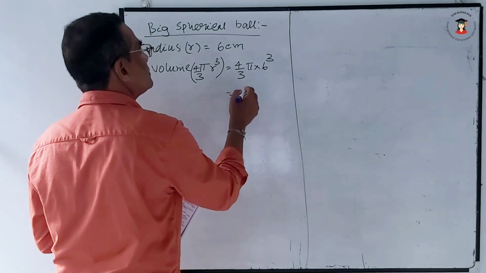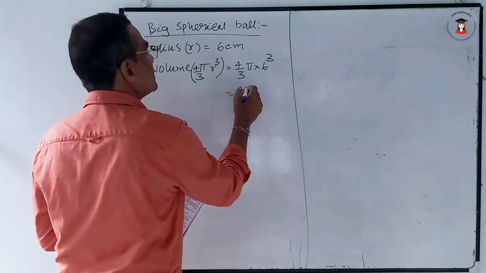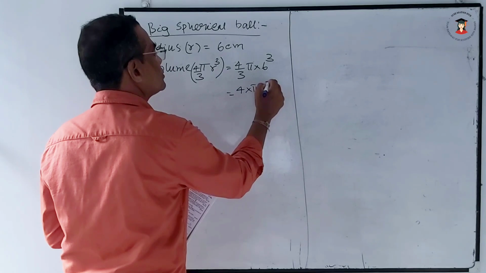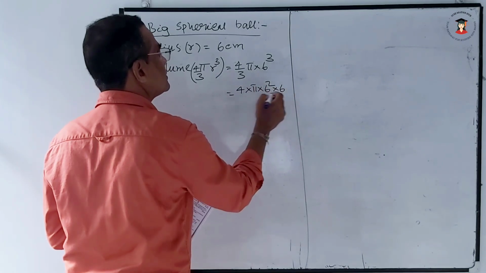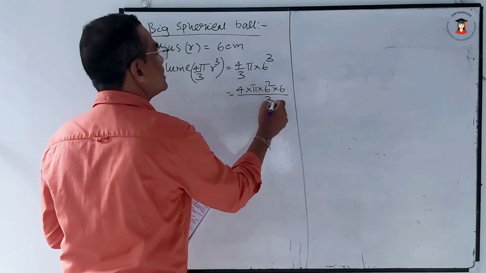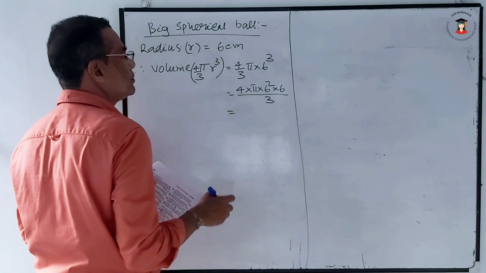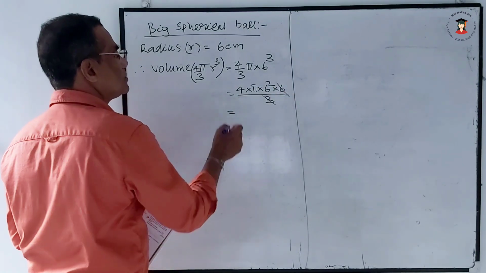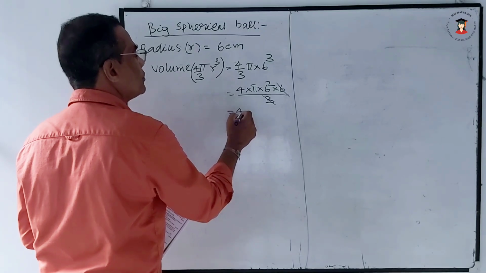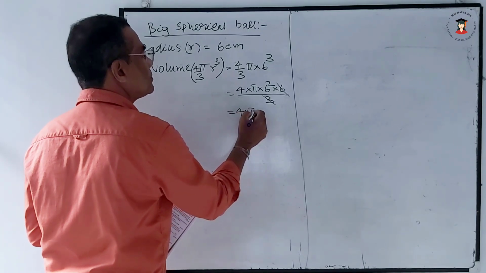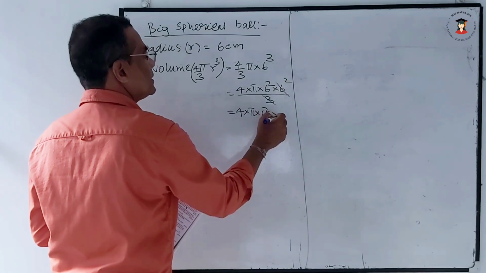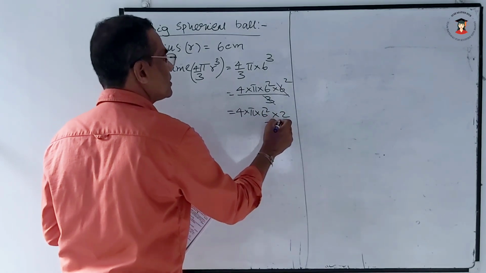This is equal to 4 into pi into 6 square into 6 by 3. So this will give you 1, 3 and 6 I am cancelling like this. So remaining is 4 into pi into 6 square. This will give you 2 into 2. This is equation number 1.